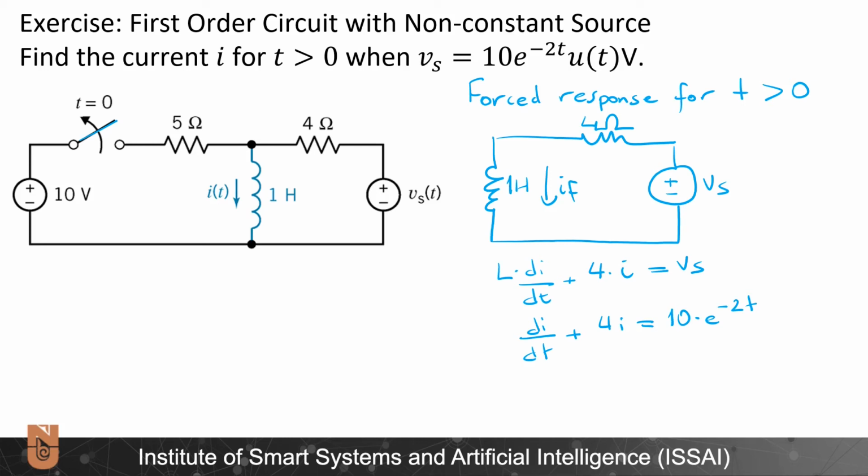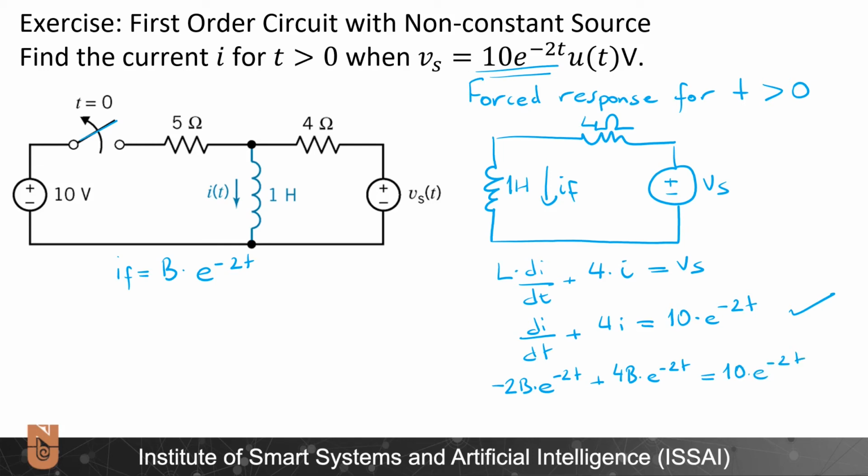Now I will guess my solution. I will say that i_F will be in the form of b times e to the minus 2t, a function of the same form as the forcing input. Let us insert this function into this equation. The derivative of that function will be minus 2b times e to the minus 2t, plus 4b times e to the minus 2t, is equal to 10 times e to the minus 2t.